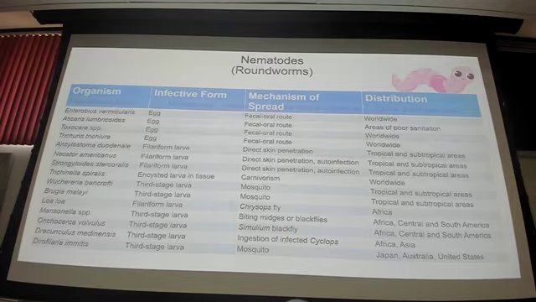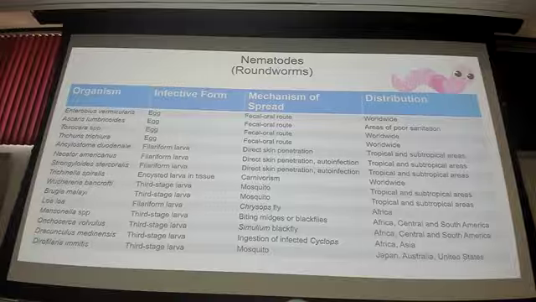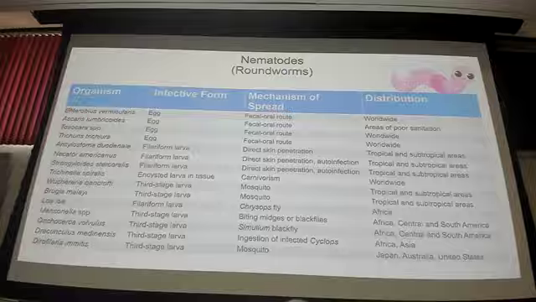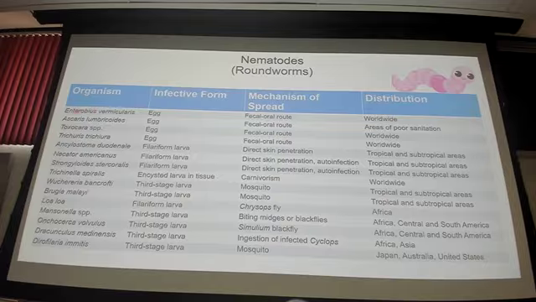And finally, the roundworms, the nematodes. We've got the mighty pinworm, a global ubiquitous parasite, and the giant intestinal worm, which we do get cases of in the United States, but mostly associated with the developing world.